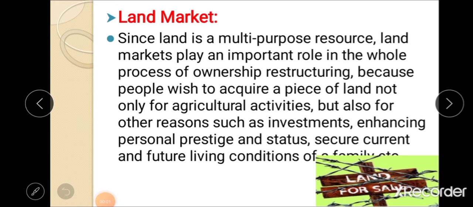Next factor is land market. As we know, land is a multi-purpose resource.